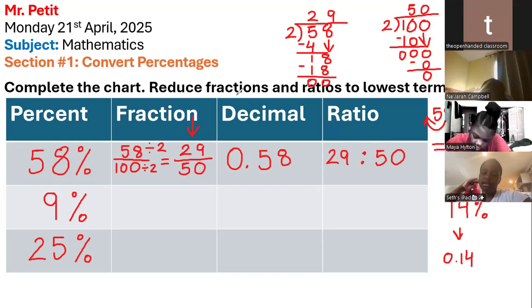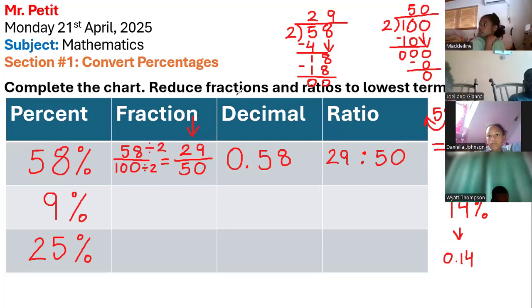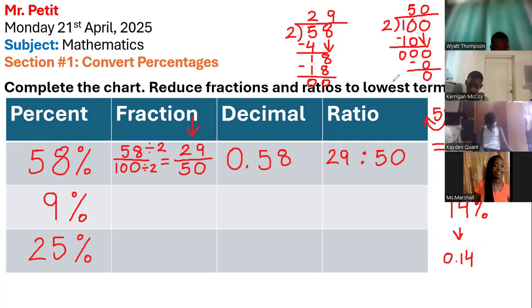Okay, good. Skylar, you understand how we got 29 to 50? Yes, sir. Wyatt, do you understand? Yes, sir. Kaden? Yes, sir. Good. Miss Marshall, are you there?